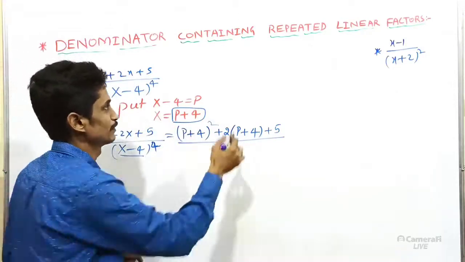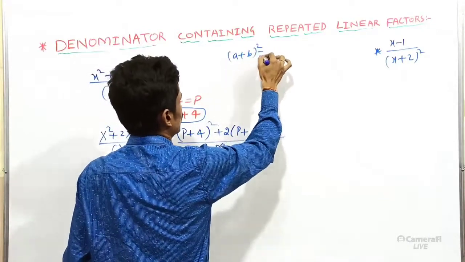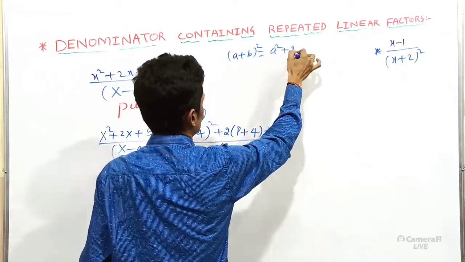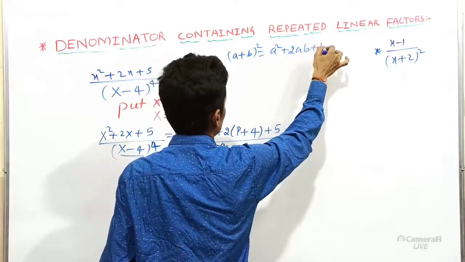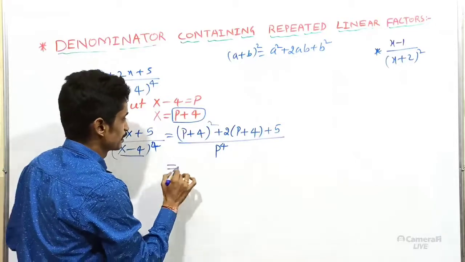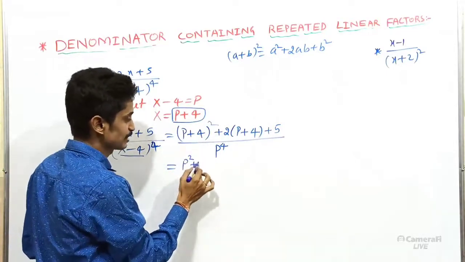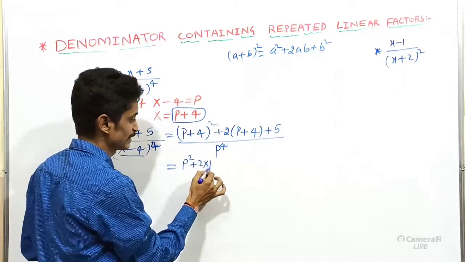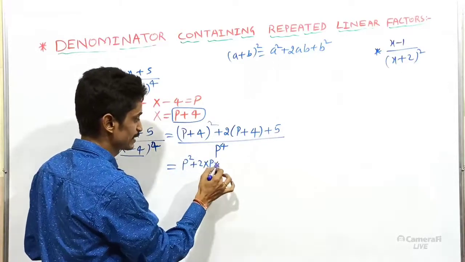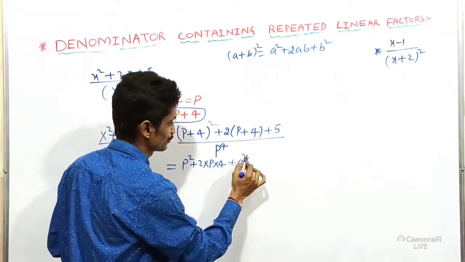The a plus b whole square formula, everyone knows that a plus b whole square is a square plus 2 times of ab plus b square. Applying this here, a square is p square plus 2 times of ab, 2 into a value is p into b value is 4, 2ab plus b square, that is 4 square.